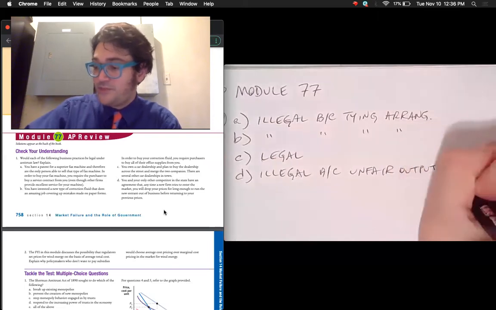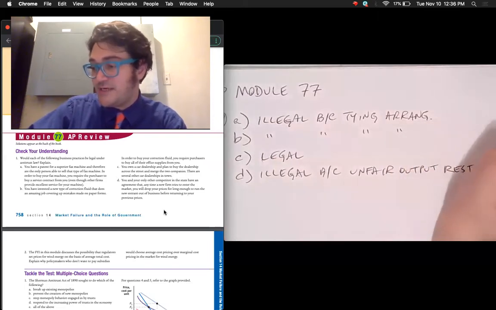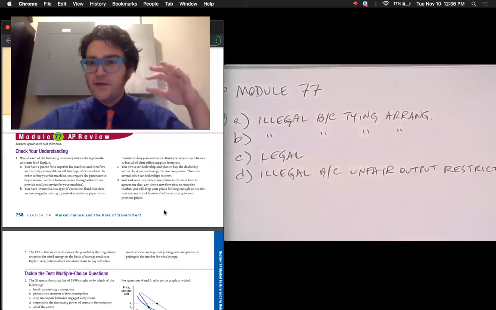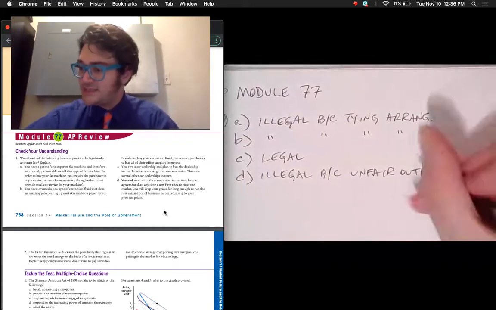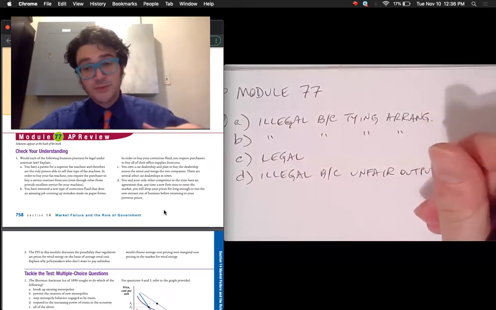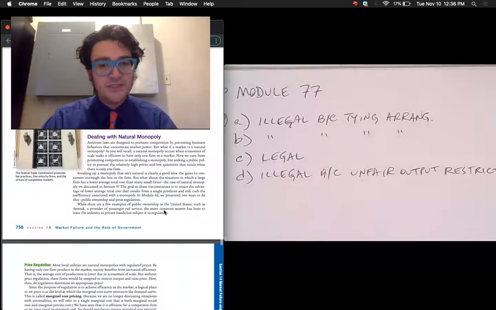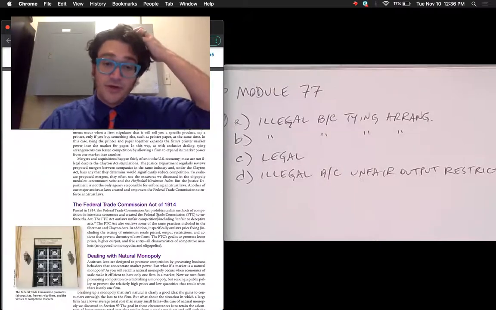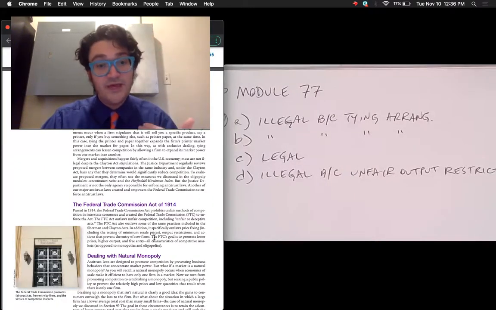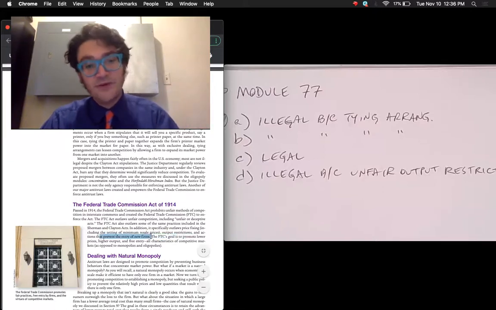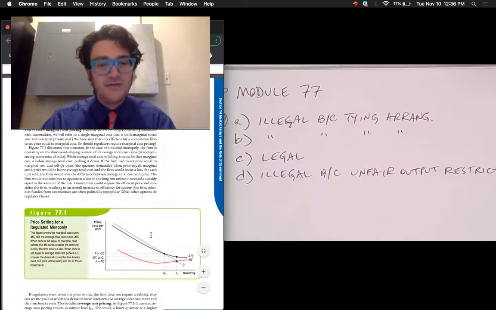Basically, you're going to mess with the amount of output and the price, and in that case, you're moving the price really low by dumping product on the market. It's under the FTC Act of 1914, since the FTC's goal is to promote lower prices, higher output, and prevent actions that block the new entry of firms.